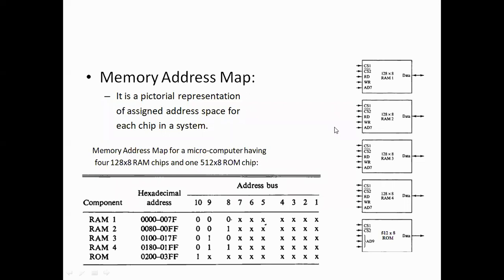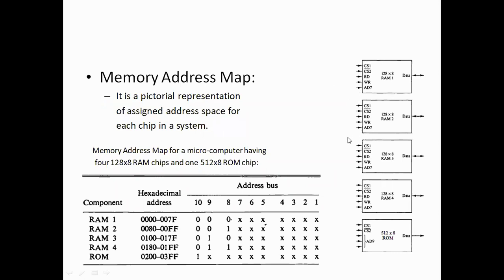To remove this confusion, we need extra bits. I have to read the 99th memory location, but the 99th memory location of which RAM? The first RAM, the second RAM, the third RAM, or the fourth RAM? To remove this confusion, there is a simple way. Just use 2 bits. So if I have to access this RAM, I will call it 00.